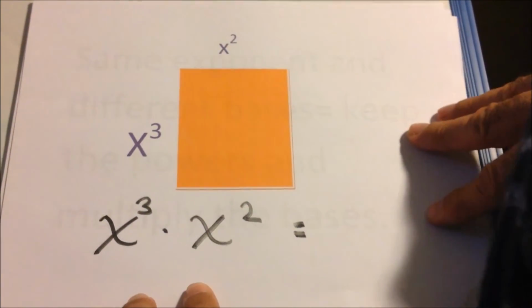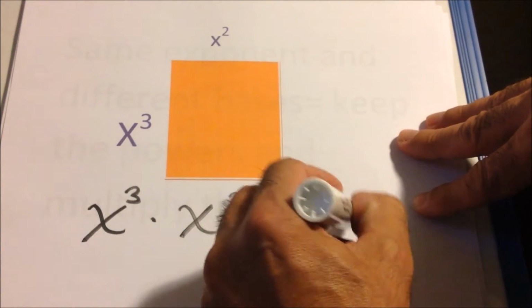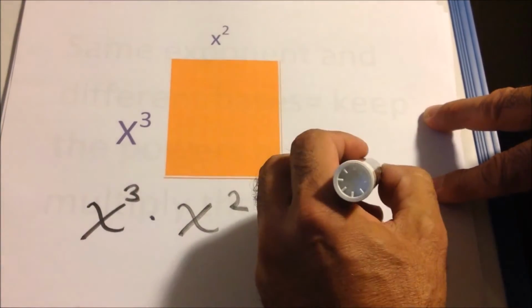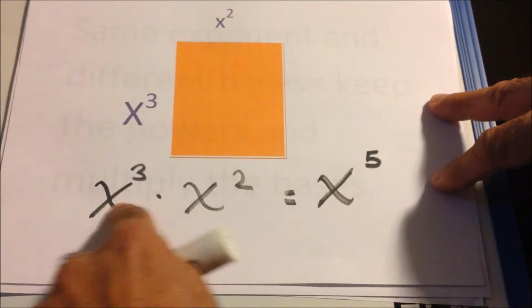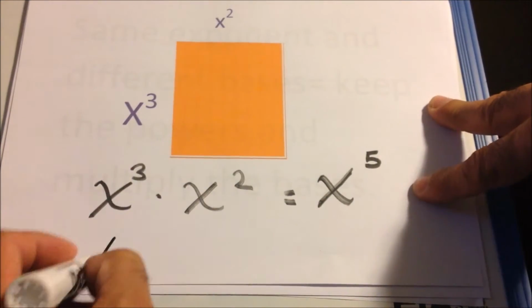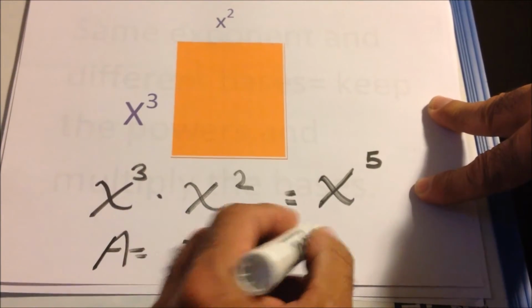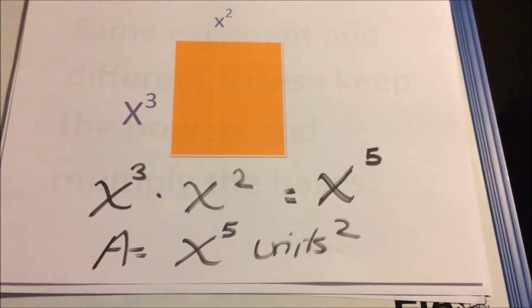That'll be the area. They have the same base, x. And in multiplication, we add the exponents, x to the 5th power. Since we don't know what the numbers are, the area here is x to the 5th power units squared. Seems kind of weird, but that's how you would write it.